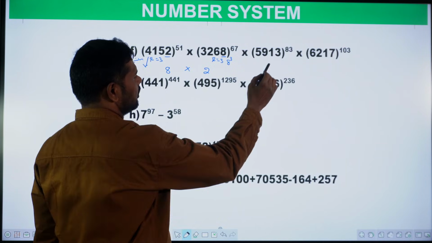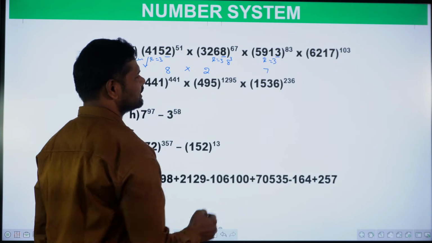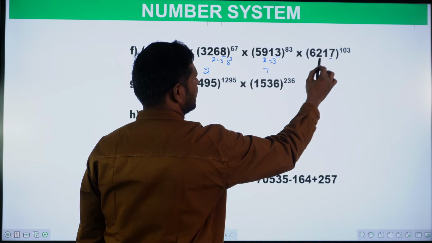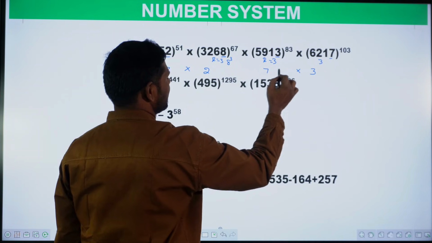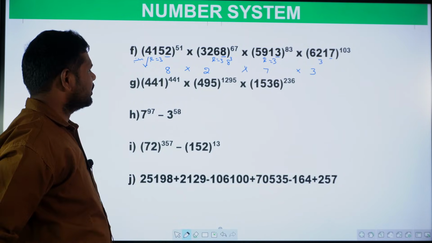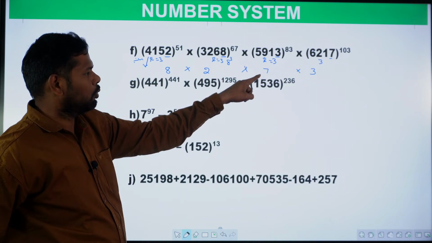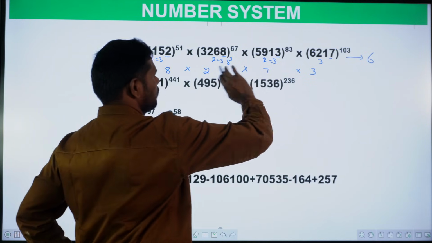And then 3 power, again remainder 3. 3 cube, units place is 7. Here 7 power 103, again you get remainder 3. 7 cube, units place value is 3. In all the cases here we get remainder 3 only. So 8 into 2 is 16, 6. 6 into 7 is 42, 2. 2 into 3 is 6. So the units digit of the entire product is 6.